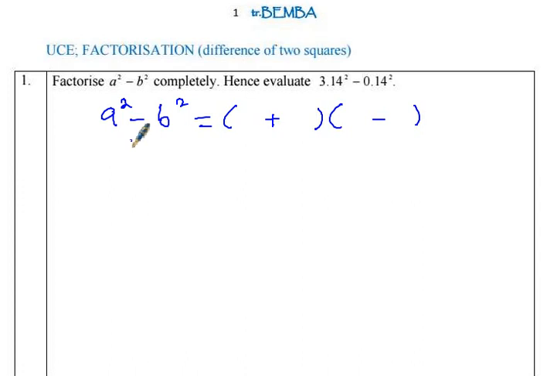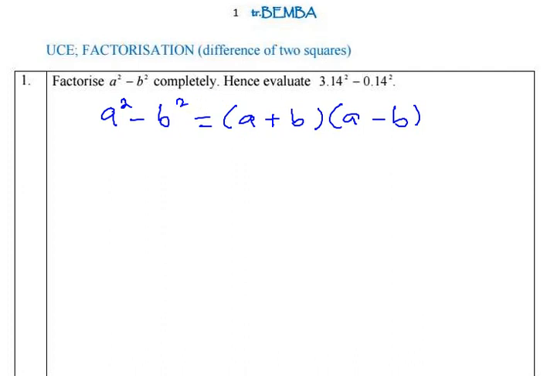And then the first number is A, the second number is B. This identity can only be used when we have a number squared, we have a subtraction sign, and what are we subtracting? Another number squared.